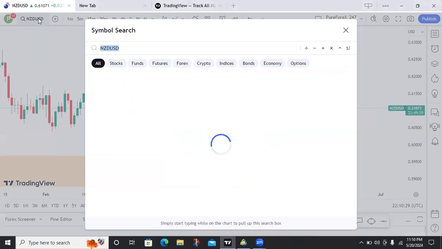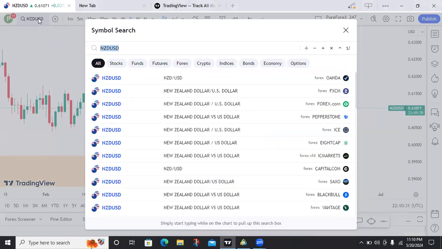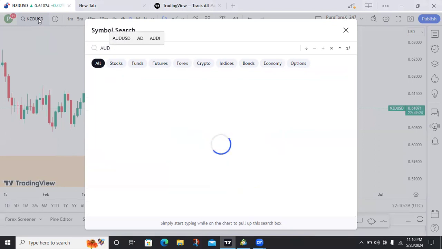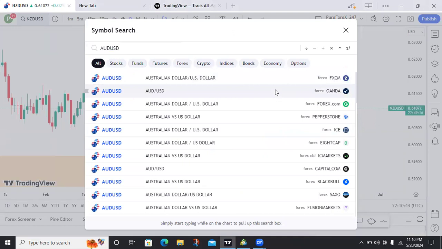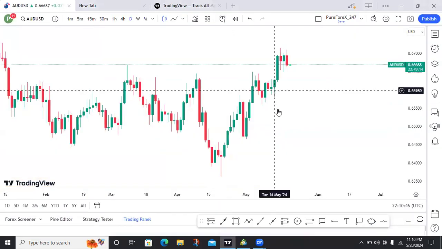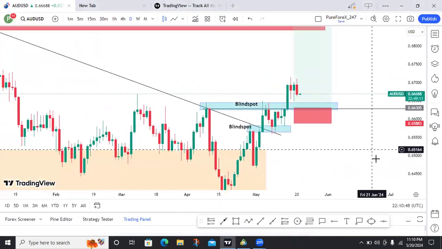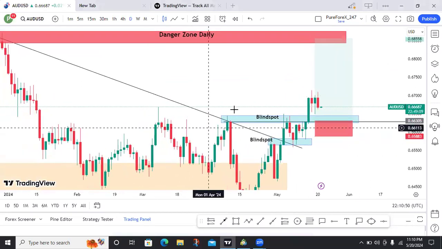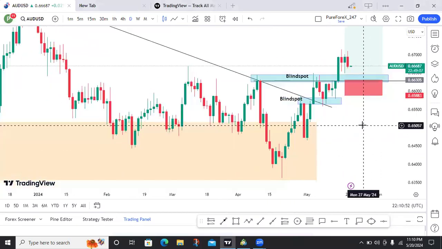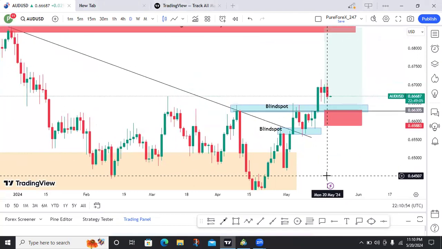AUD USD, it's almost the same thing. Let me quickly show you AUD USD. AUD USD and NZD USD are almost the same thing, right? So when you go to AUD USD, you see we found the same analysis as NZD USD.